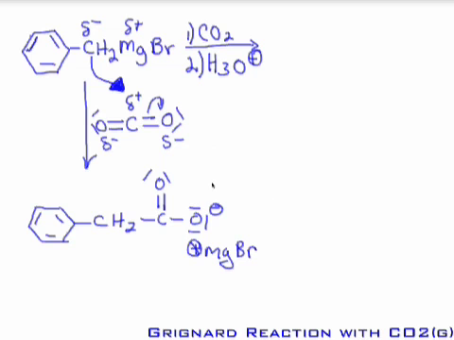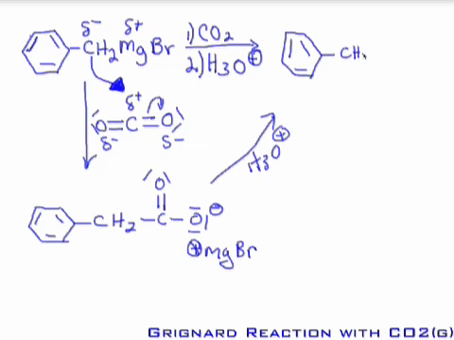Now, once you throw in the H3O+, you protonate and make carboxylic acid. So CO2 gas added to a Grignard reagent will produce a carboxylic acid.